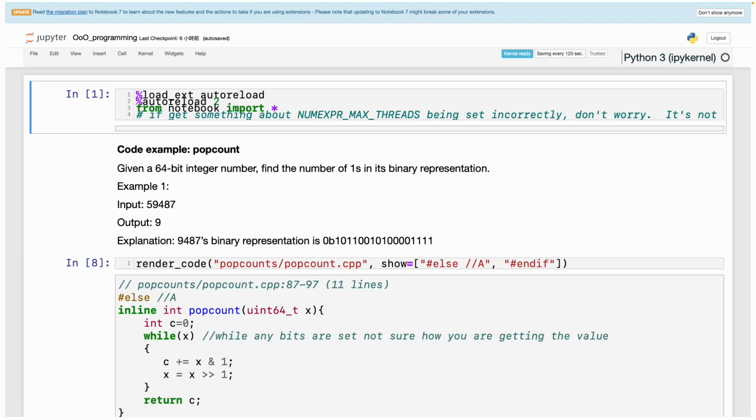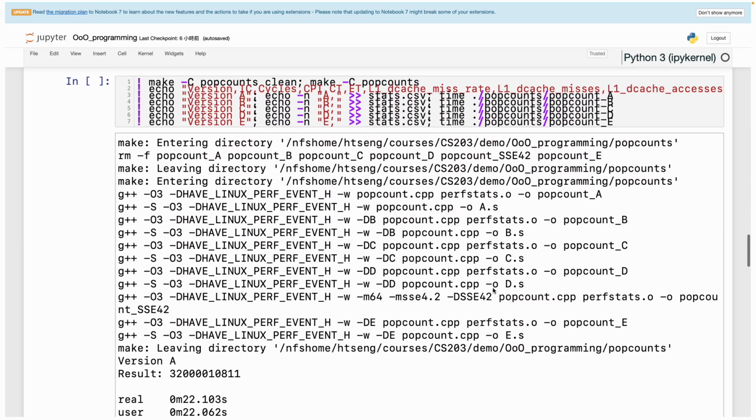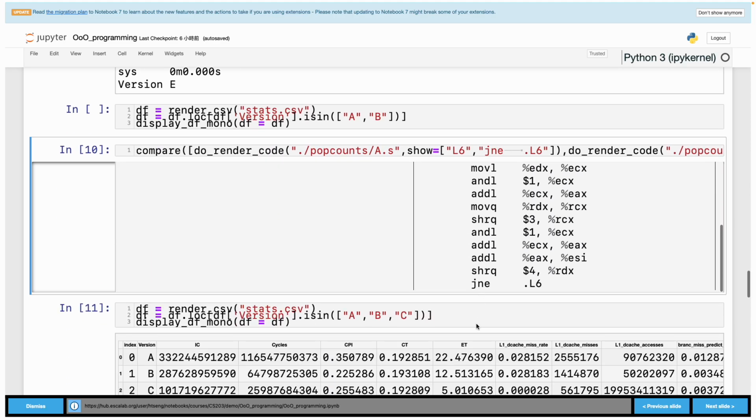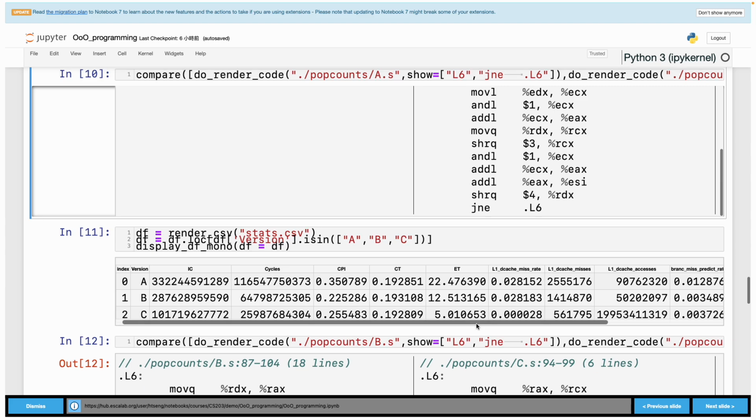Okay, but let's run a demo and see if that's really true. Let's grab the stats from the demo. So this is what we will see from A, B, C. First of all, regarding the instruction count, A was 33 something, B was 28 something. Now we see it's significantly reduced to only about one third.